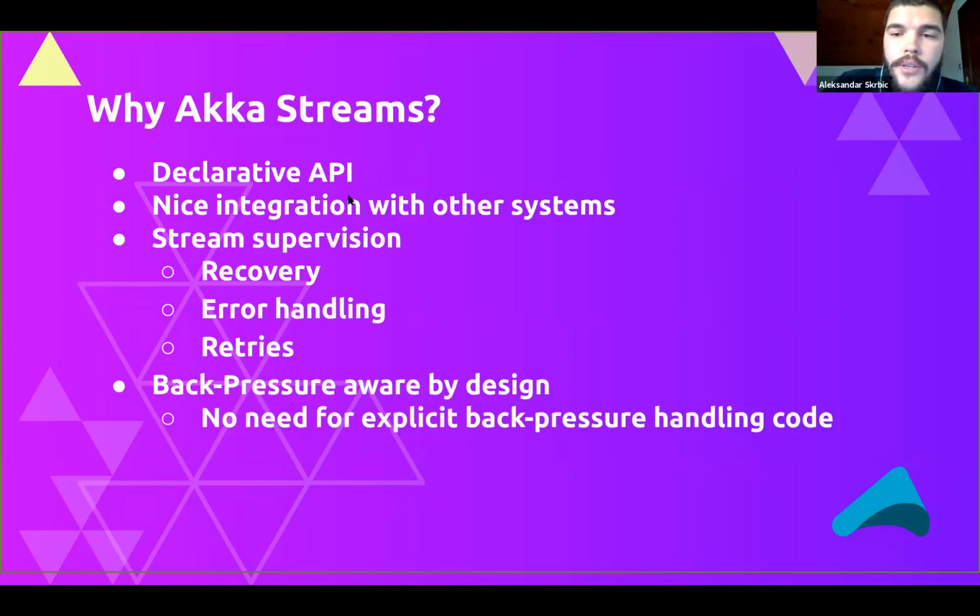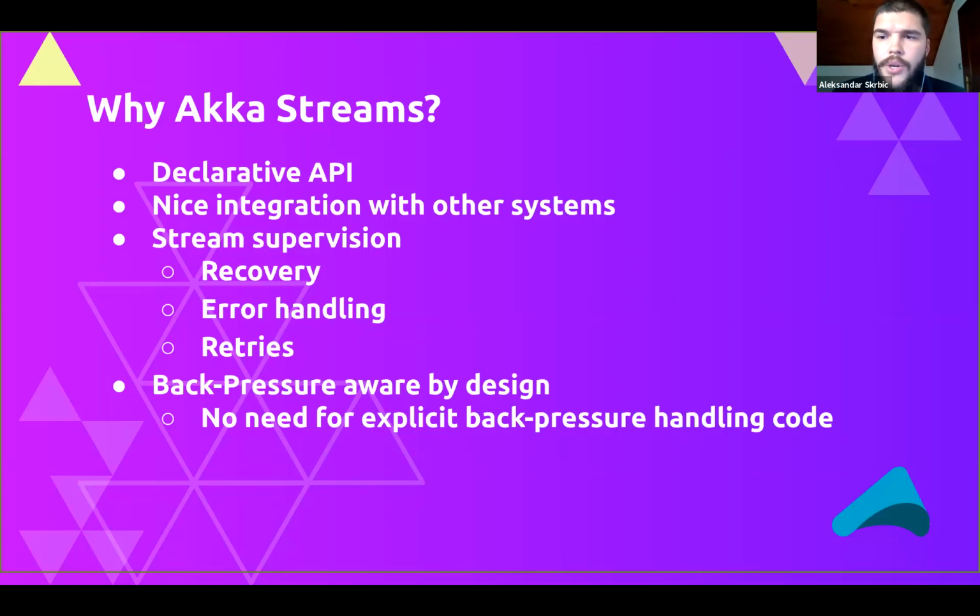It has great integration with other systems via the Alpakka project. Stream supervision is great, like in the Actor API. And the most important thing is that Akka Stream topologies are back pressure aware. So there is no need for you to write any back pressure handling code.